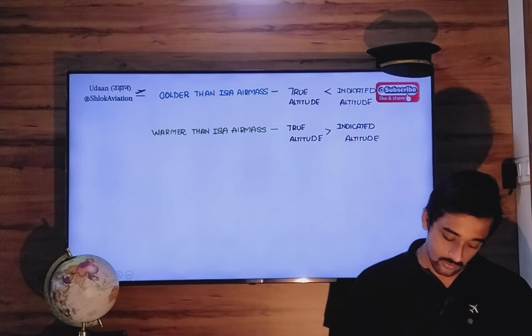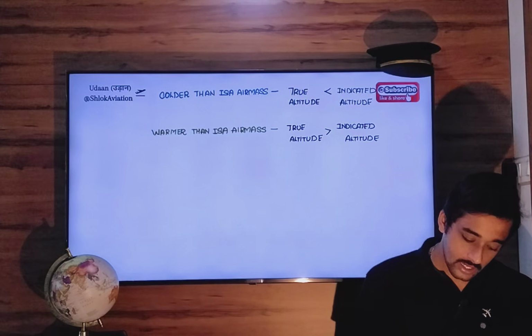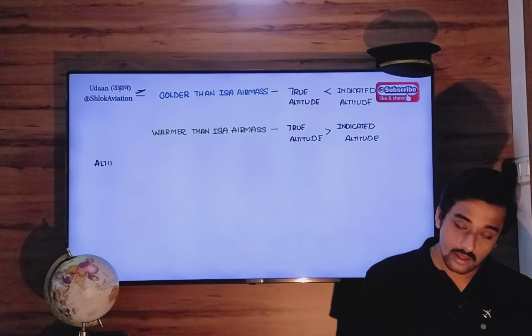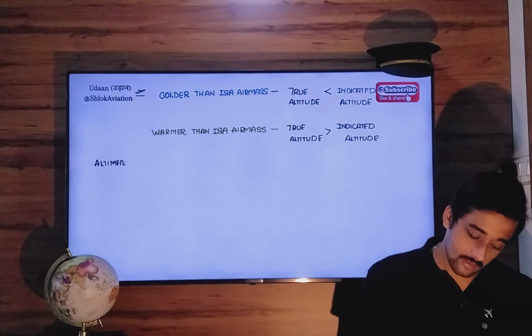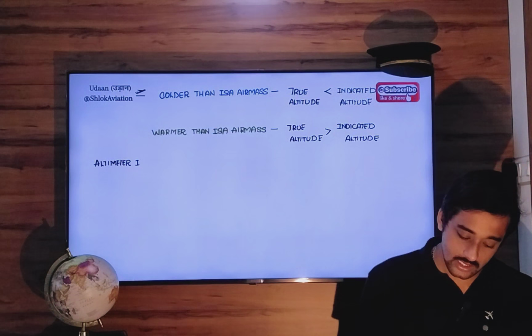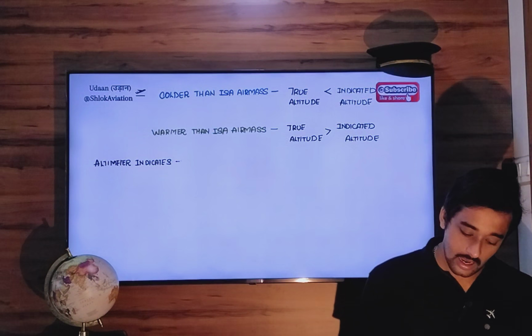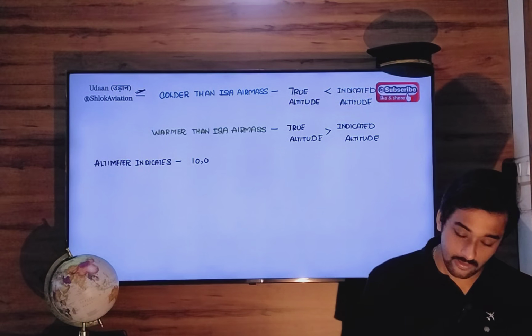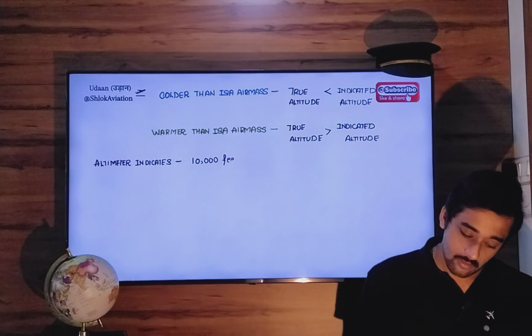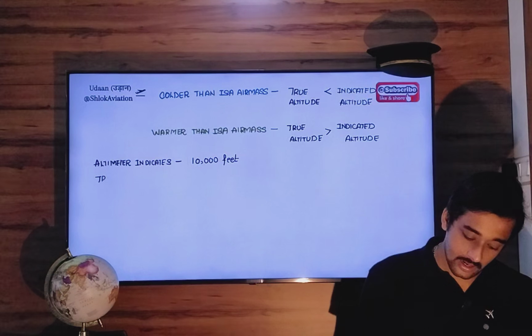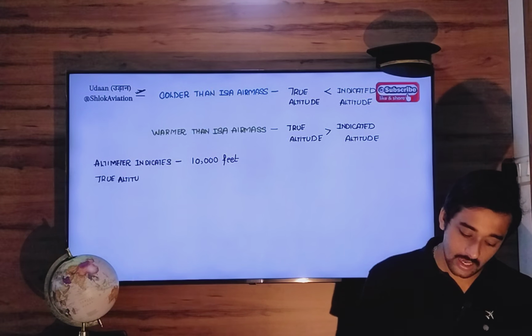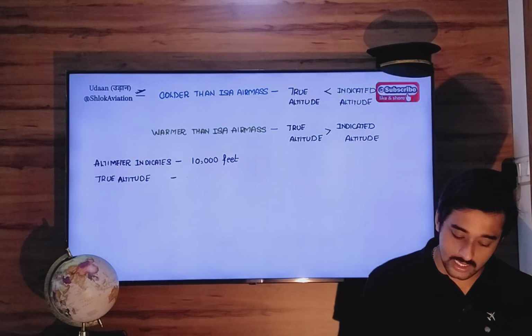What does that mean? Let's say your altimeter indicates you're flying at 10,000 feet, but your true altitude, the real altitude, will be much less than that, let's say 8,000 feet.